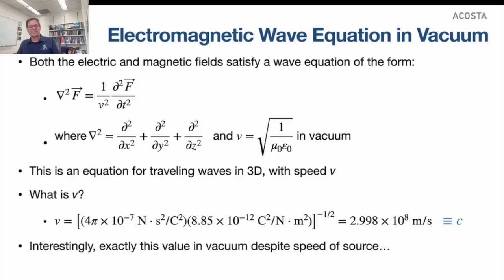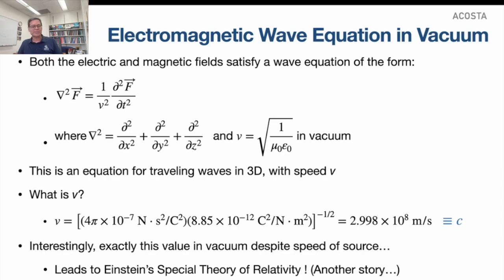There are not different speeds depending on whether your source of waves is stationary on the surface of the Earth or on a rocket moving at a good fraction of the speed of light. It always predicts this speed, and that has an interesting consequence that we won't discuss here. It's maybe for a separate class or separate lectures, and that is Einstein's special theory of relativity. But as I said, that's another story.